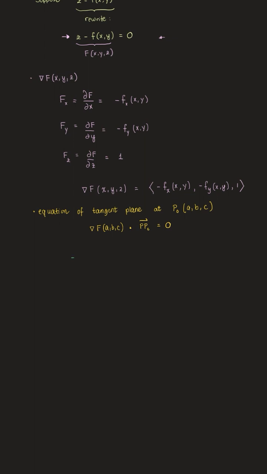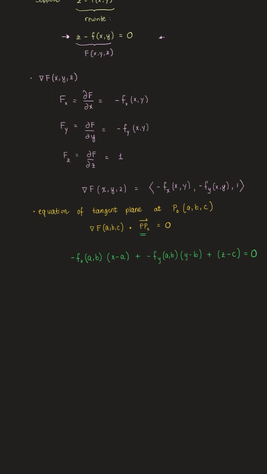So that will result in the following. We will have negative partial with respect to x at a, b this time, because I'm doing it specifically at the point P naught, times x minus a. That is the first component of this vector, plus negative partial with respect to y evaluated at a, b, times y minus b, and then plus 1 times z minus c, and this is going to be equal to 0.